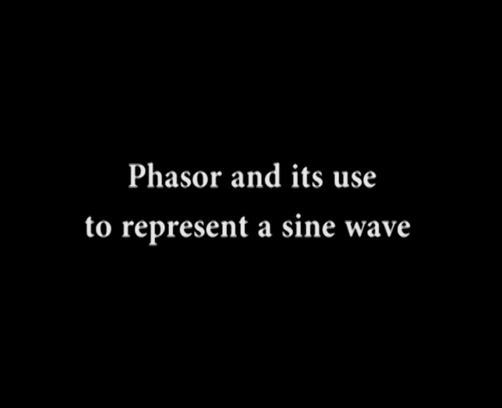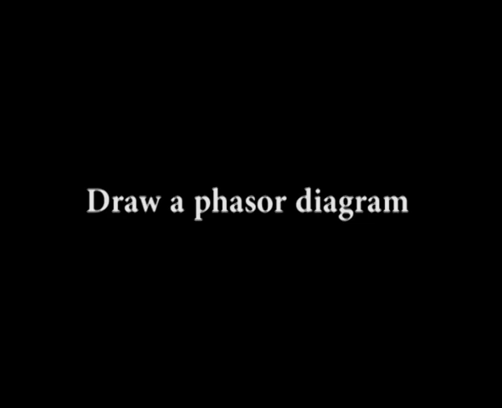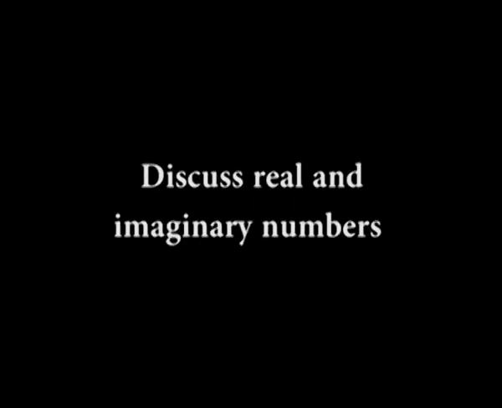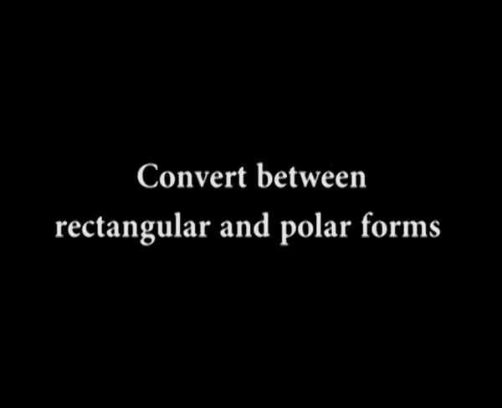In this lecture, we learnt about phasors and their use to represent a sine wave, how phasors are related to the sine wave formula, draw a phasor diagram, discuss angular velocity, use complex numbers to express phasor quantities, describe the complex plane, represent a point on the complex plane, discuss real and imaginary numbers, express phasor quantities in both rectangular and polar forms, and finally convert between rectangular and polar forms.